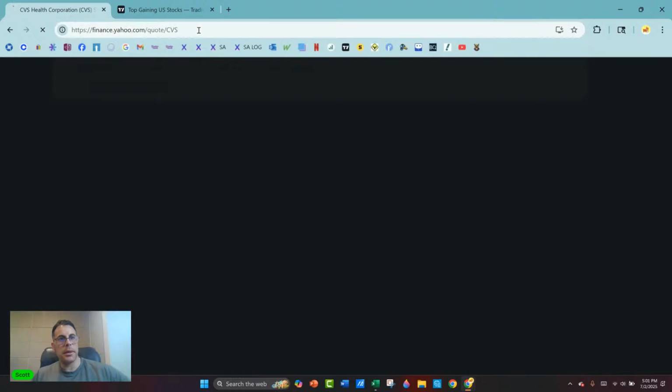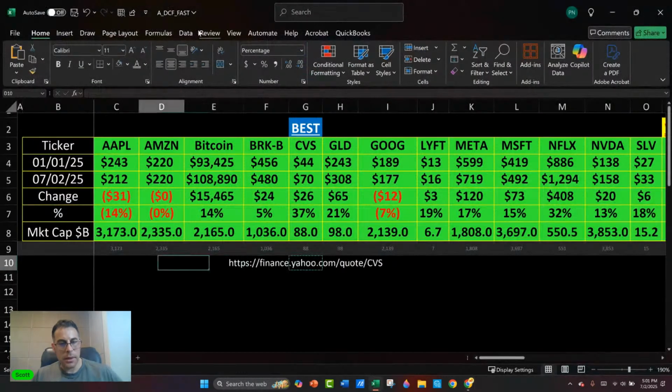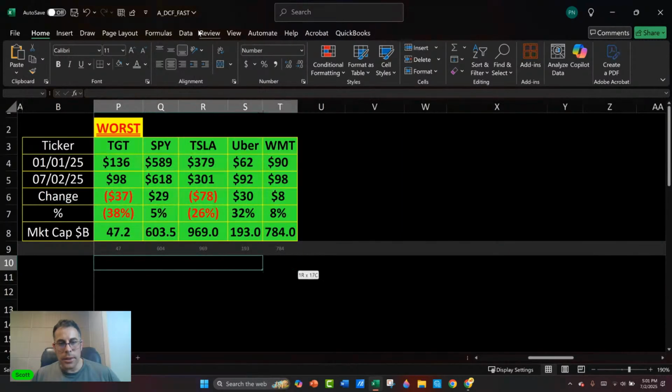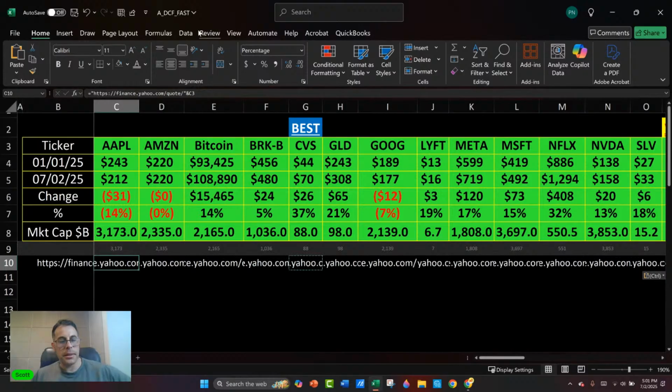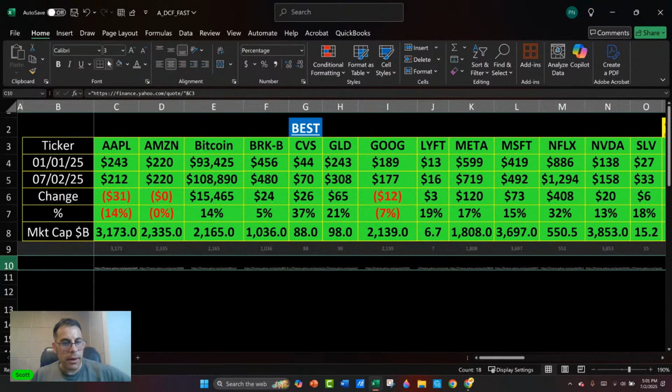Copy and paste. Yeah, that worked. So instead of typing, I could just copy and paste. Setting up my Excel file.